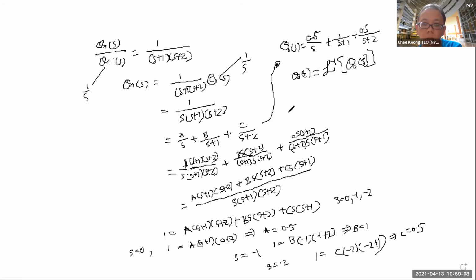By taking the Laplace inverse, we can inverse each of the terms. If you Laplace inverse 0.5 over s, you get 0.5, right? And then the Laplace inverse of this, you get plus e to the power minus t, and plus 0.5 e to the power minus 2t. So that's your answer.